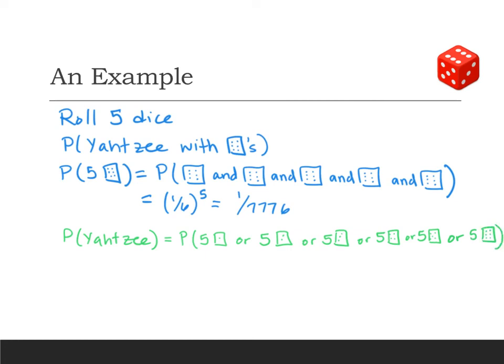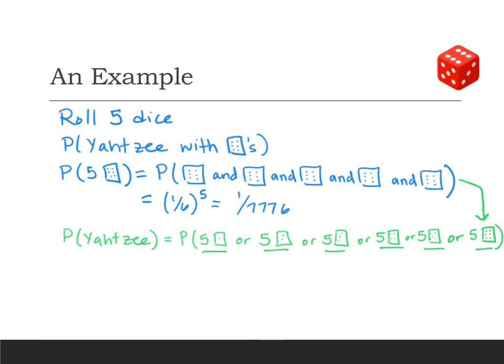Well, now technically we only found the probability of getting 5 6s, but there shouldn't be any difference in the probability of getting 5 1s, because that would just be 1 over 6 to the 5th, or getting 5 2s, because that's going to be 1 over 6 to the 5th. So each of these, even though they are different outcomes, each of those have the same probability as the one we found. Hopefully that makes sense. I was trying to ask you, but then I remember that you all can't actually answer me.